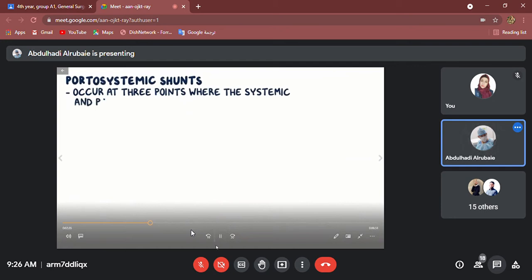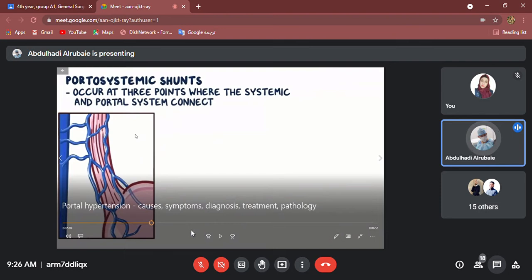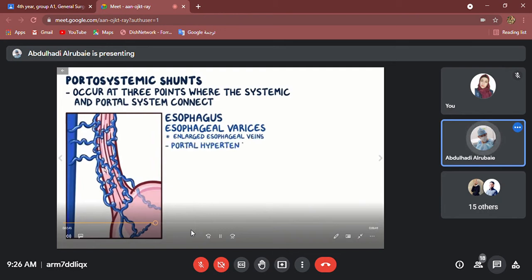Then احنا اللي سميناه بورتو cable or بورتو systemic communications. This is the esophageal varices.